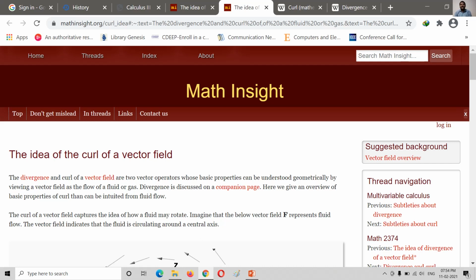The whirlpool has maximum circumference at the starting point, and the circumference of the circle goes on decreasing as we move towards the inside. With the help of that whirlpool concept we come to know the point which is stationary, and that is the ending point of the vector. So we can say that curl helps us find the ending point of the vector.